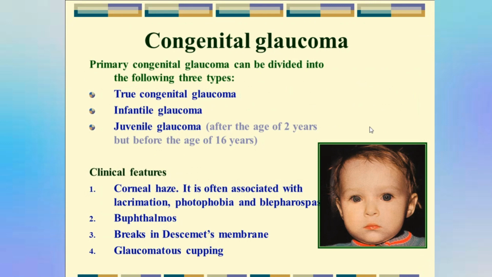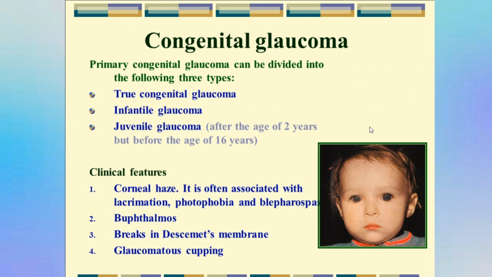You should suspect this glaucoma in time, diagnose and help children. So, primary congenital glaucoma can be divided into three types: true congenital glaucoma, which appears in newborns; infantile glaucoma; juvenile glaucoma.